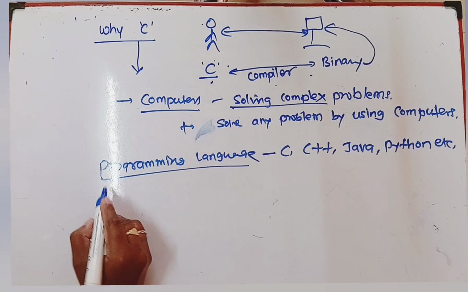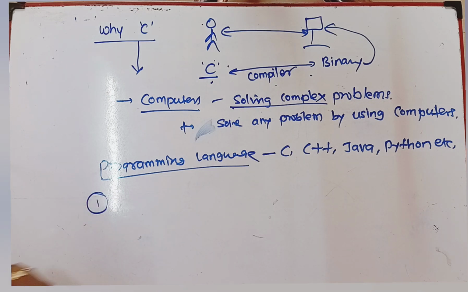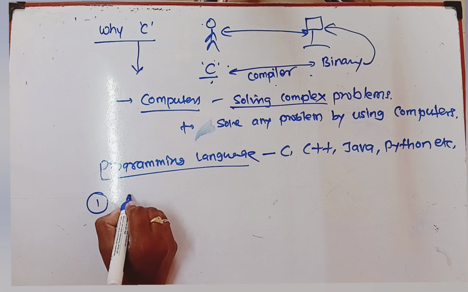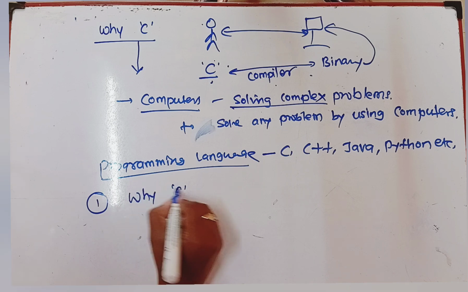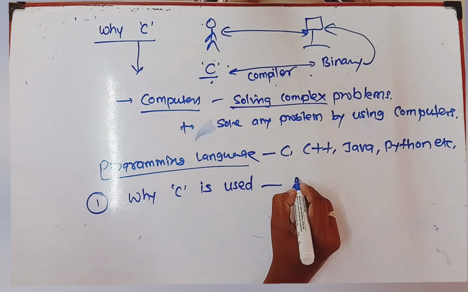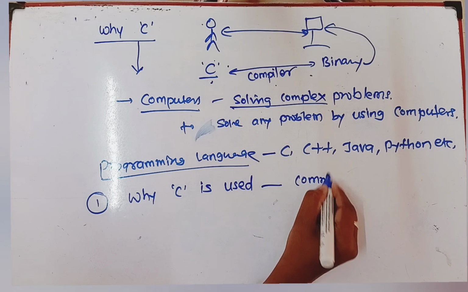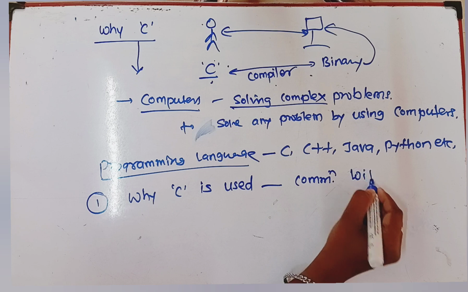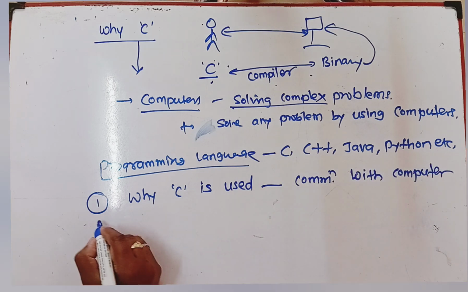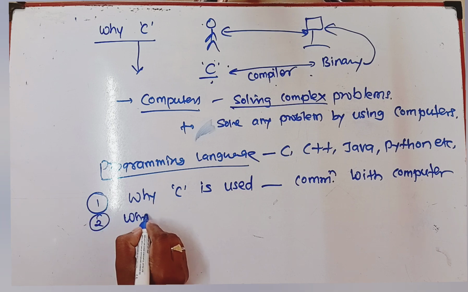I hope you have understood two points today. That is, what is C language, or why is it used? Why is C used? What is the answer? It is used for communication with the computer. And why would someone want to communicate with the computer?